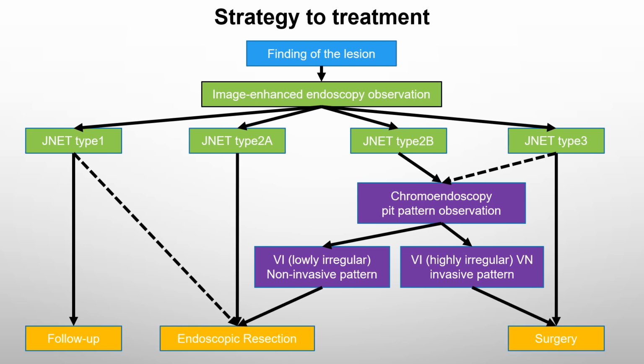JNET type 1 case should be followed up. Case of SSL, JNET 2A and JNET 2B with 5I non-invasive pattern should be performed endoscopic resection. In case of JNET 3 and 5I, 5N invasive pattern should be performed surgery.